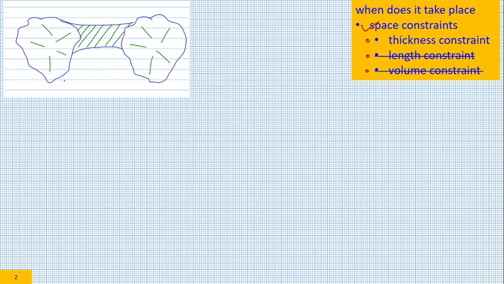What do you mean by thickness? A chip would have to be accommodated here. To accommodate the chip here, the thickness of the chip has to be less than the protrusion of the grid. This is the average grid diameter.